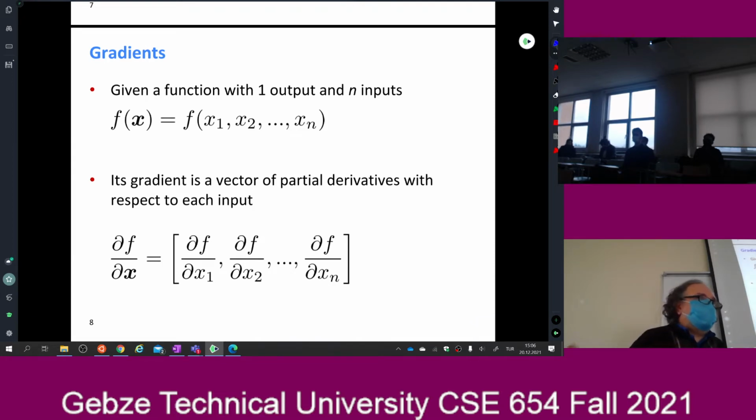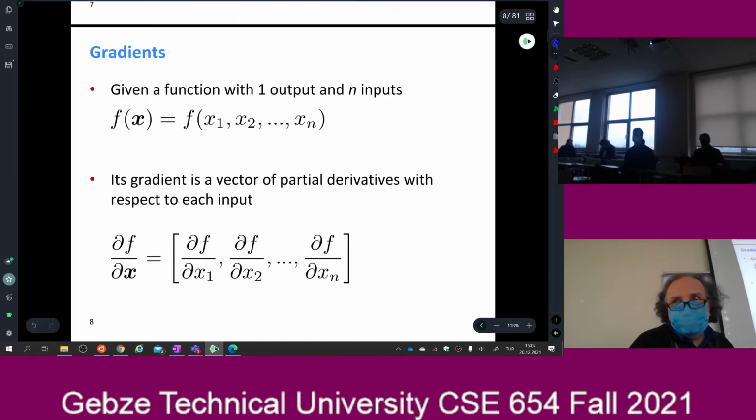It depends on a number of things, so we take the partial derivatives. Okay, if you take the derivative of such a function, you don't take a single derivative, you take the n dimensional derivative. So derivative of such a function is an n dimensional vector. We already know that too. Okay, so we never did that, but it's going to be.